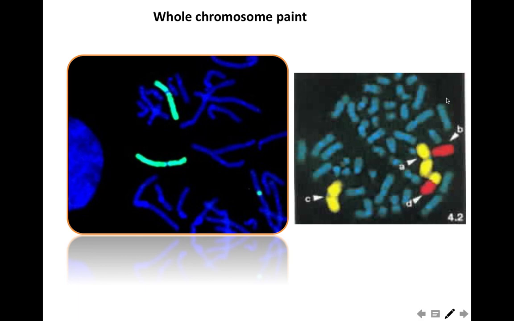If in the other chromosome you had a red part, a red locus, it would be a reciprocal balanced translocation. But because you don't have a red part from this chromosome in the two yellow, it means that it is an unbalanced translocation.